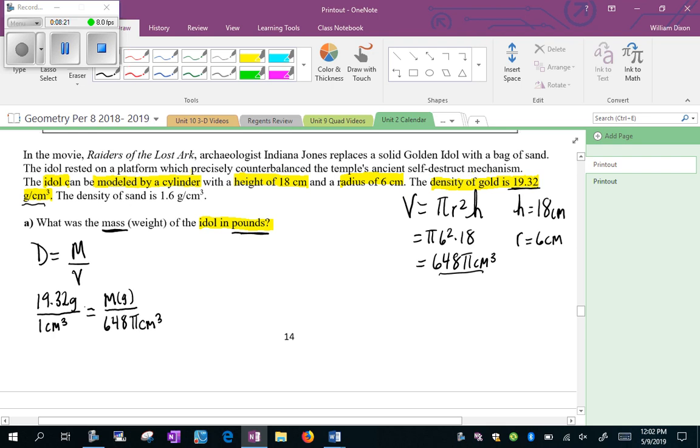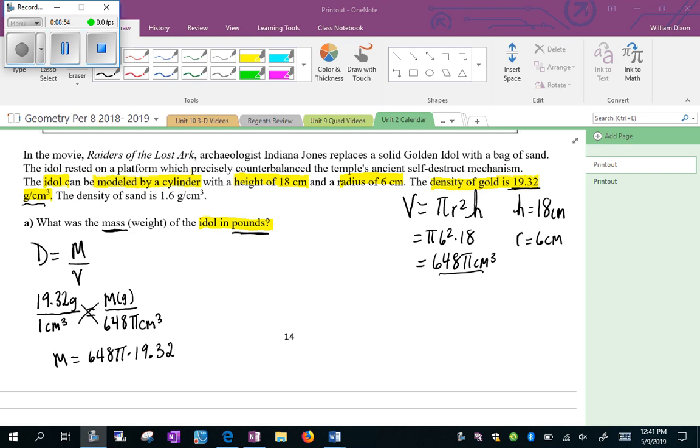I'm going to cross multiply, and my mass equals 648 times 19.32. So that's 648 pi, let's not forget that, times 19.32 grams.